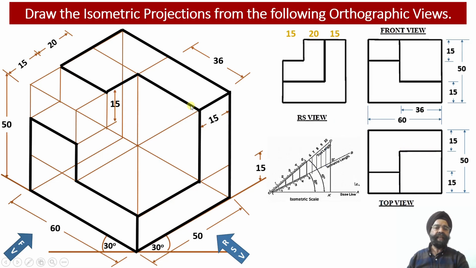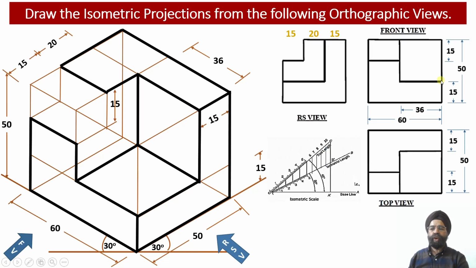This segment is 36 millimeter by 15 millimeter, whereas this segment happens to be 24 millimeter by 35 millimeter. So as we join this portion of the rear side web, we are able to see a rectangular portion in the front view projections measuring 36 millimeter.